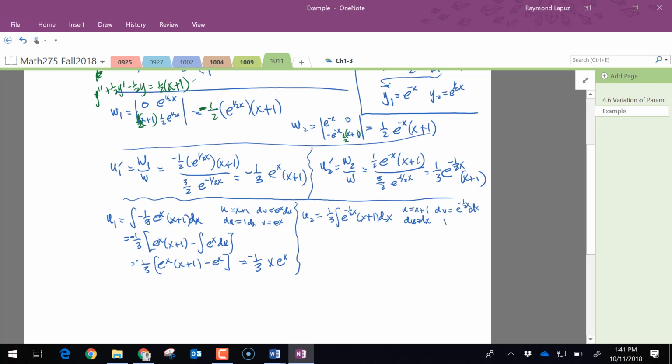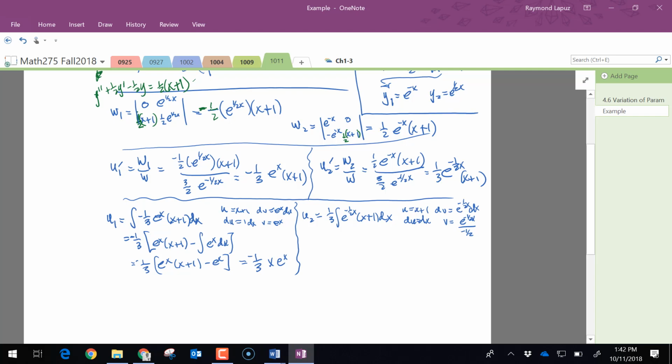Here you need to be a little bit careful with these constants. When you integrate, you're actually dividing by negative 1/2, so you're just going to multiply by negative 2.